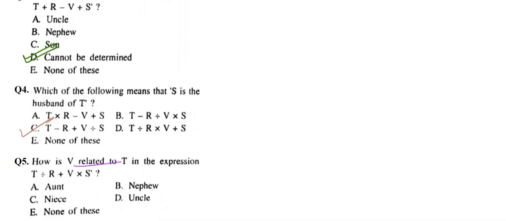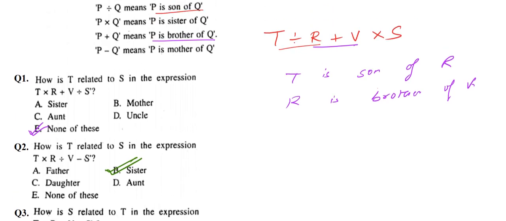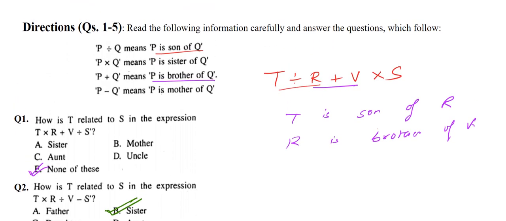In the question we have been asked the relation of V to T. So we don't need to solve further because we have got the relation between T and V, so we don't need to bring S in. Before that, we can say R is related to T in the manner that R is father or mother. Let's not write father, let's write parent.